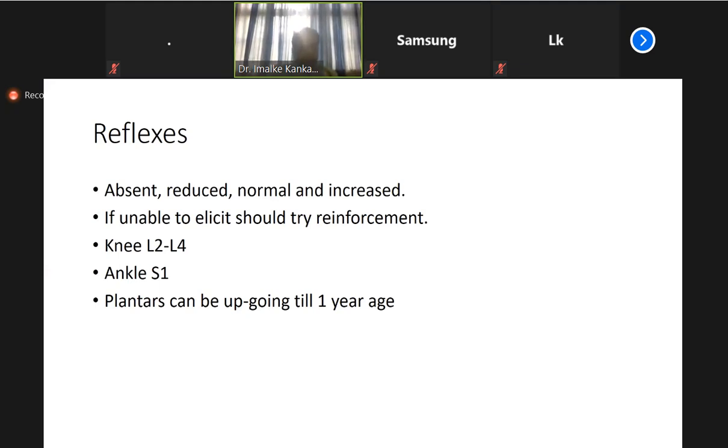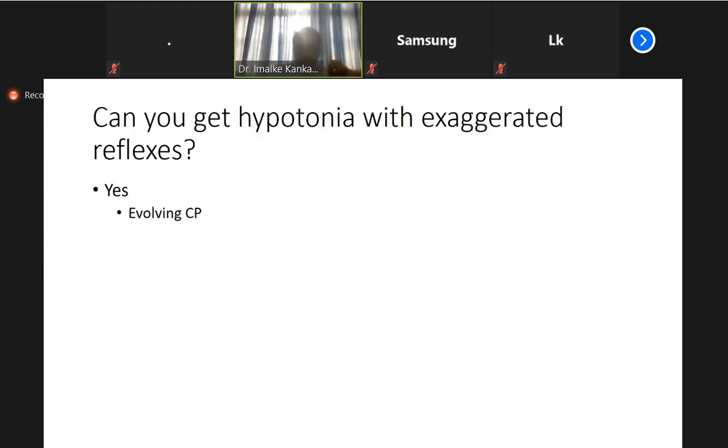The knee-jerk nerve root is L2 to L4, and ankle jerk is S1. Plantars can be going up till 1 year.